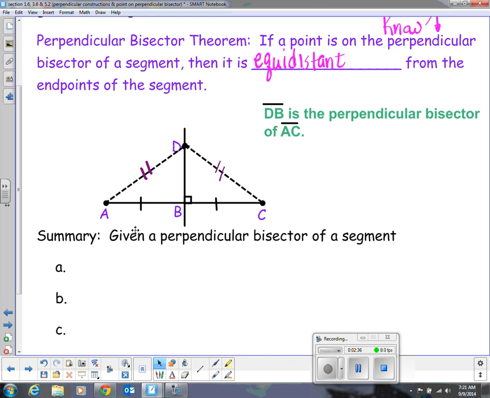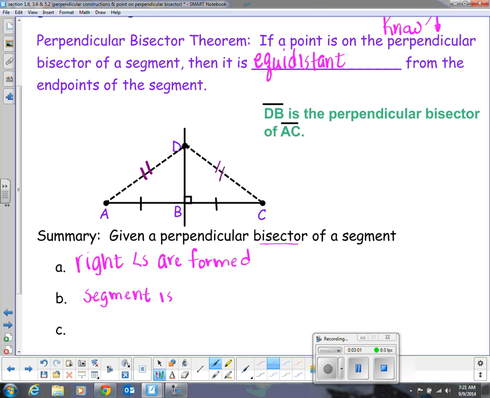If you're given a perpendicular bisector of a segment, what do you know? Right angles are formed. That's the perpendicular part, talked about yesterday. The bisect part means the segment is cut into two equal segments.